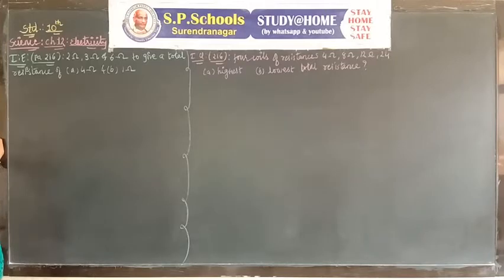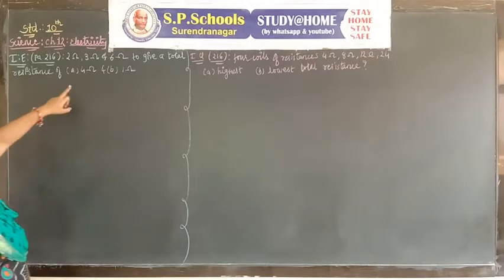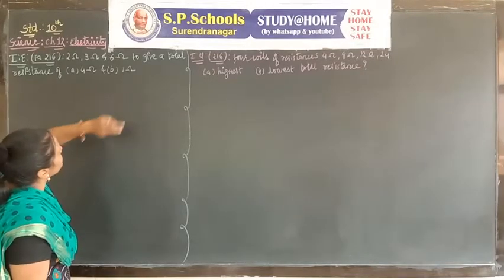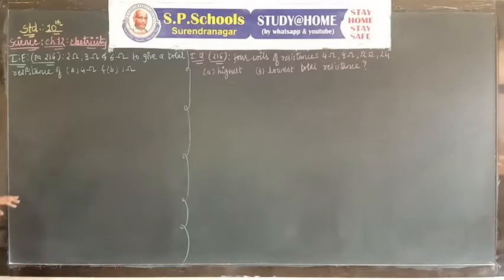The example says that we have three resistances, 2 ohm, 3 ohm and 6 ohm, and we arrange all the resistances in such a way that we find 4 ohm and 1 ohm. I can repeat.